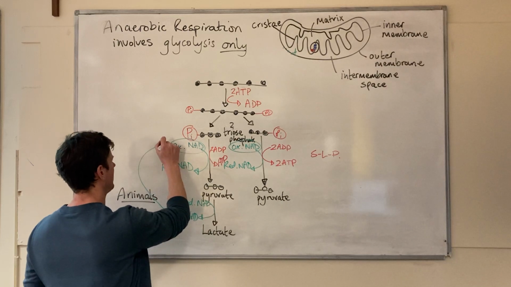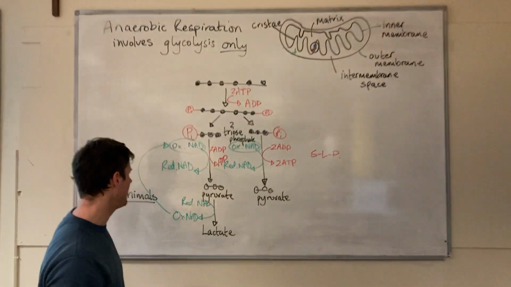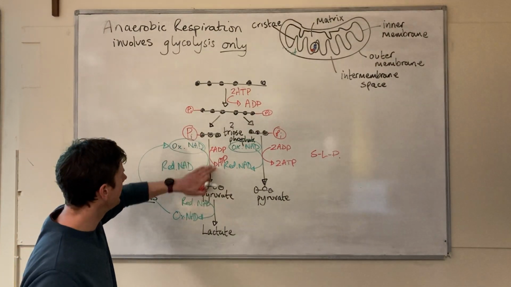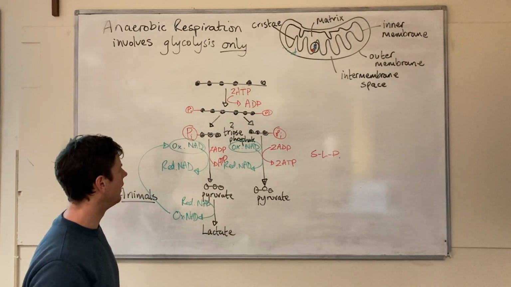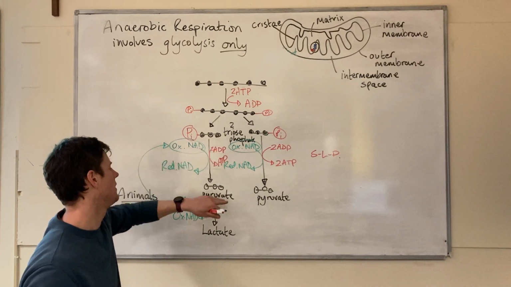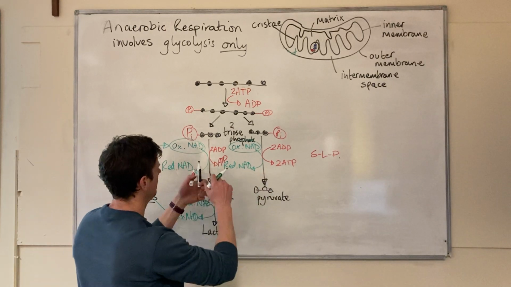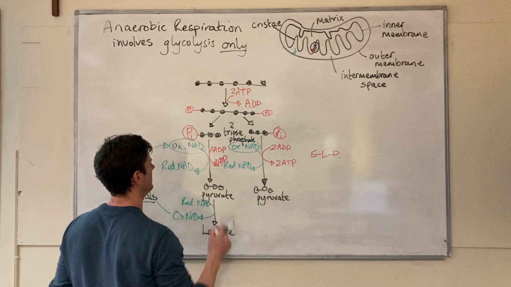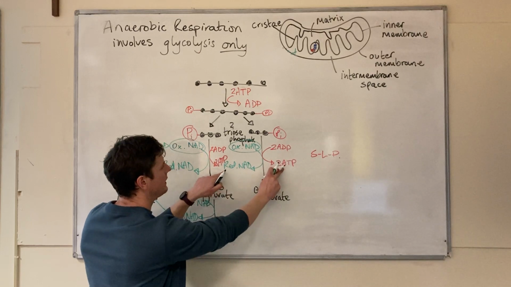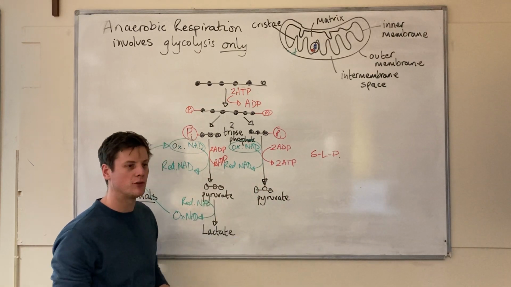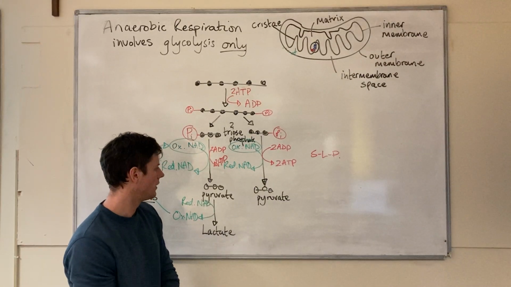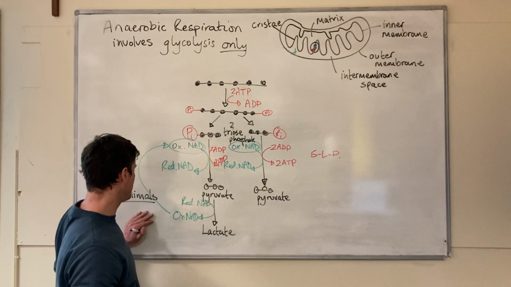That oxidised NAD can then return to allow the oxidation of triose phosphate into pyruvate, and to allow more, that should be 2 ATP there, to allow more ATP to be produced by substrate level phosphorylation only. So this is in animals.